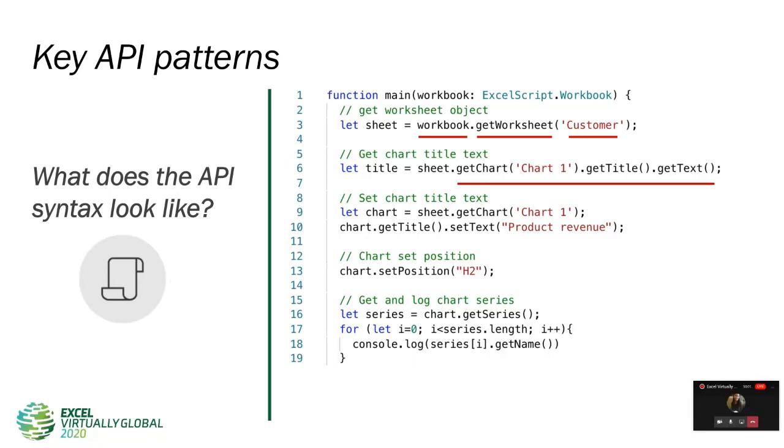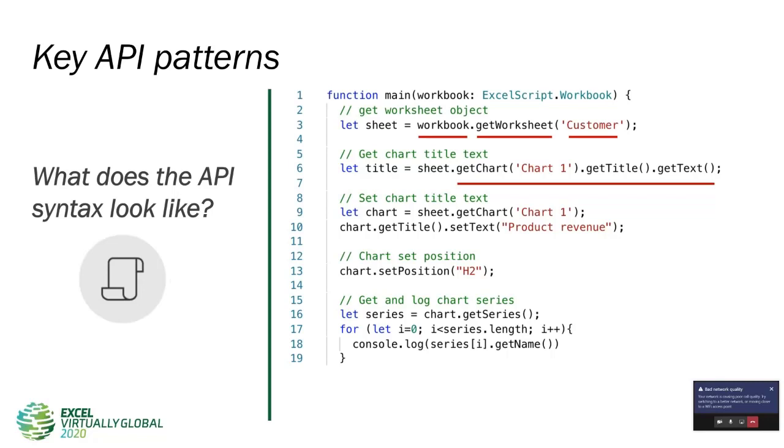The API model also allows you to travel through the hierarchy to get to the object you're interested in. For instance, I'm getting a chart object of the worksheet, and then its title object, and then the text, all in a single line. So if you know a hierarchy that you know how to get to, and you want to do something with it.